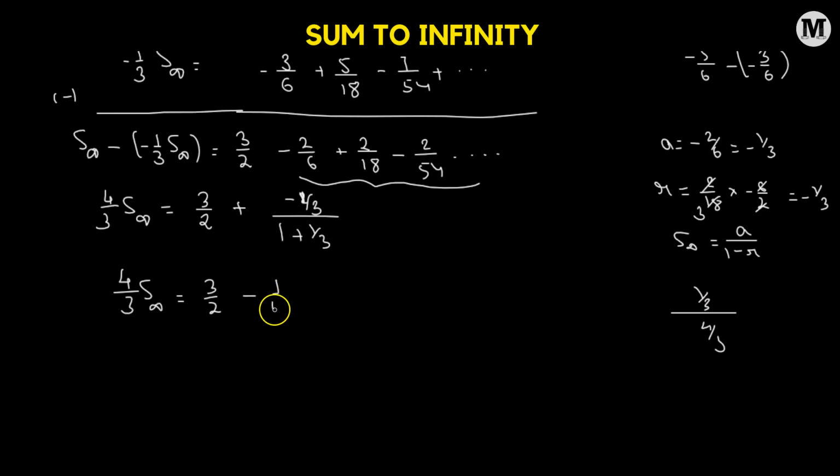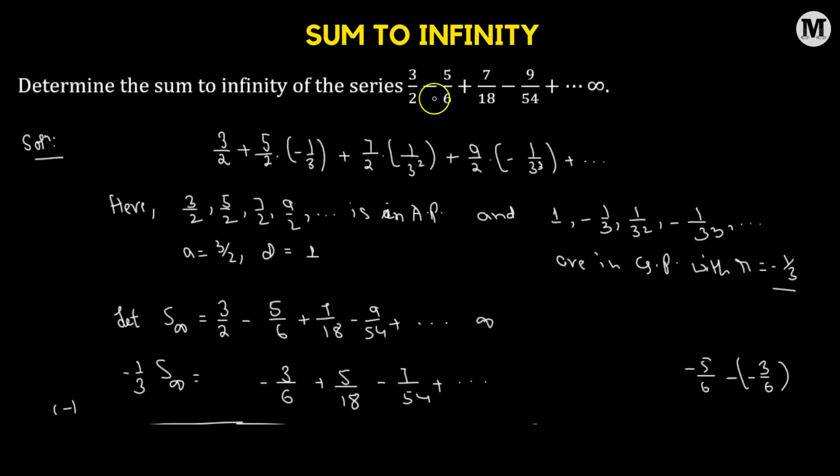That gives us 1 over 4. So 4 over 3 S infinity equals 3 over 2 minus 1 over 4. That's going to give us 5 over 4. Now we multiply throughout by 3 over 4. So the sum of the infinite terms comes out to be 15 over 16. So this is the sum of the infinite series.